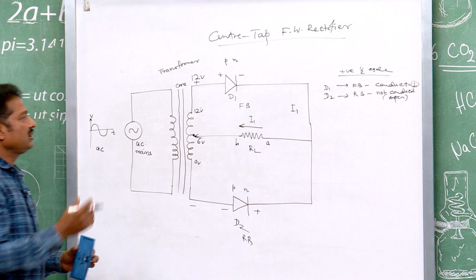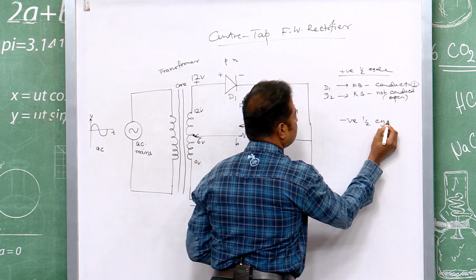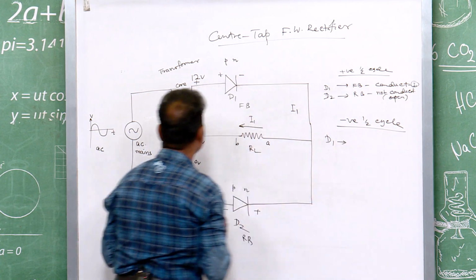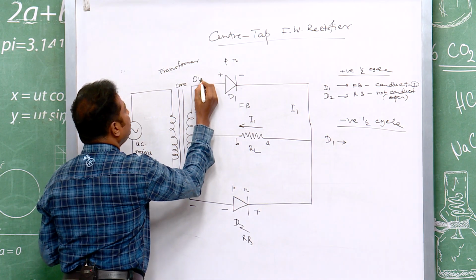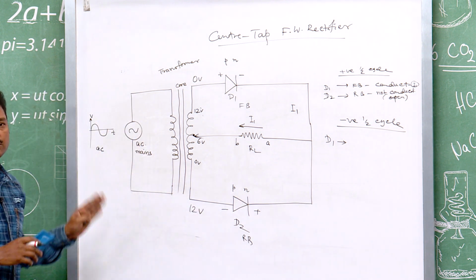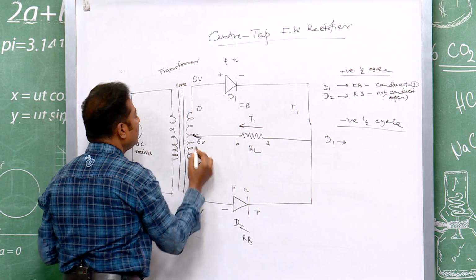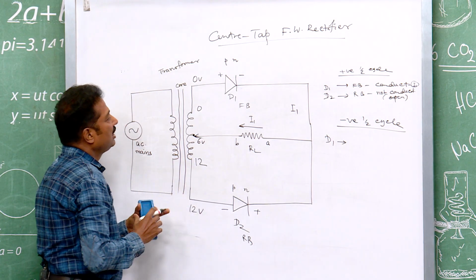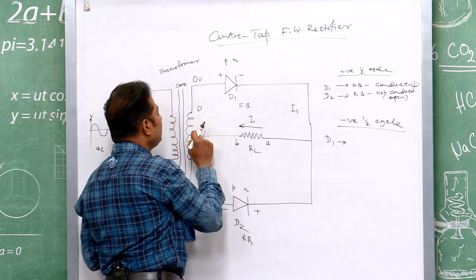Now, you come to the other half cycle, the negative half cycle. So, you see D1, what happens? For the negative half cycle, this is your 0 volt, this is your 12 volt. So, the situation will be just opposite. How? If it is 0 volt, then it will be 0 volt, 6 volt, and 12 volt. Now, you check your diode D1, it will be 0 and 6.